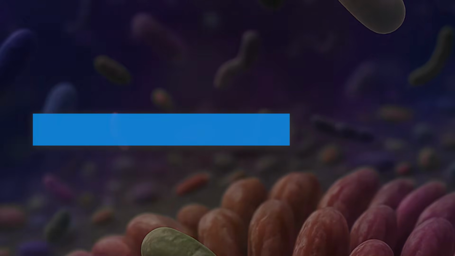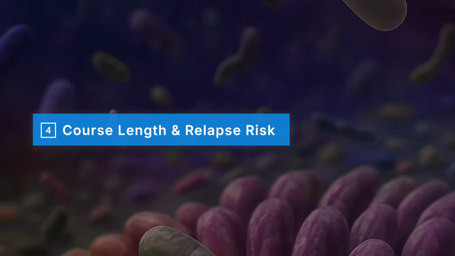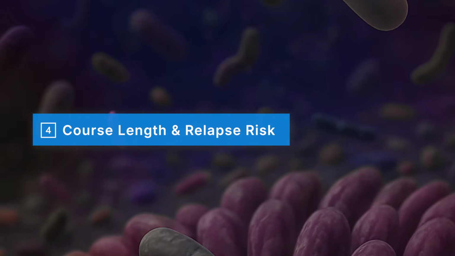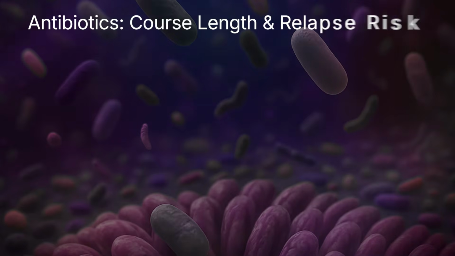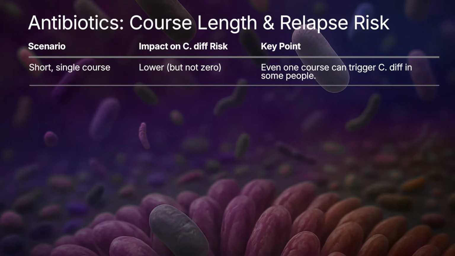One of the most overlooked factors in getting C. difficile isn't just which antibiotic you take, but how long you're on the antibiotic and how many times you've taken that antibiotic. If you need a short, single course of antibiotics, your risk is lower, but it's never zero. Even one round of antibiotics can sometimes trigger C. difficile.